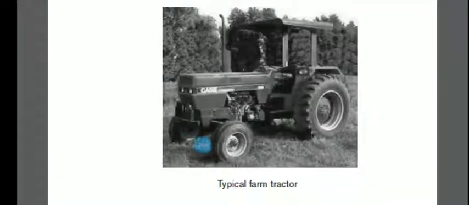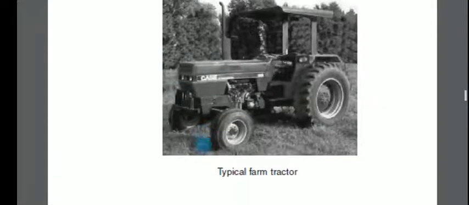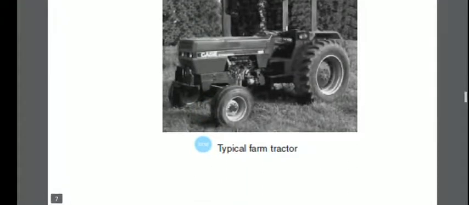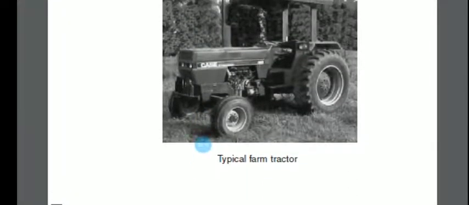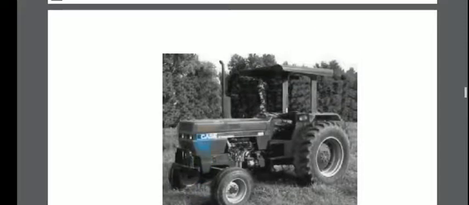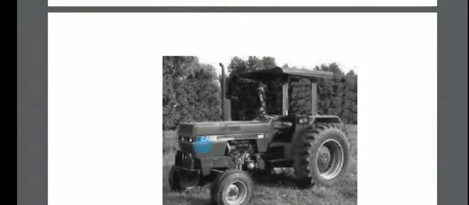Because of this design, these tractors can move to any place very easily according to your requirements.